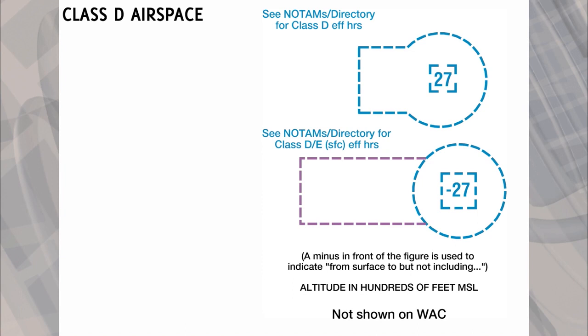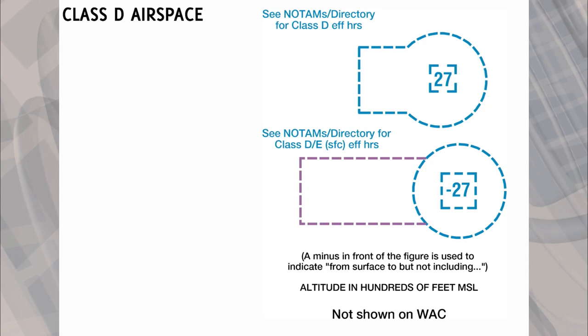That's all Class Delta. You can't fly in that area, and you'll notice that there's no broken space between the circle where the Class Delta would normally be and this extra little keyhole section off to the side. So they're saying all of that is Class Delta.